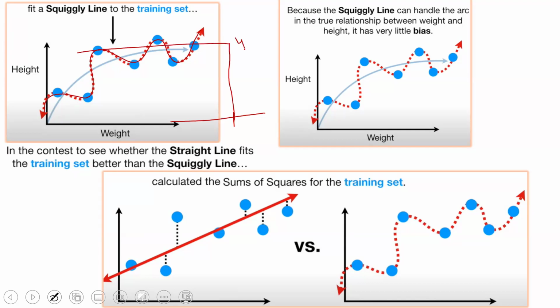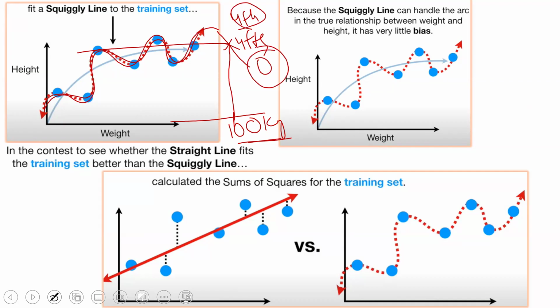It is giving 4 feet only. For a person with 100 kgs weight, this particular curve, the third algorithm curve, which is capturing the true relation between the data, gives you the exact height, which is 4 feet. So in this case, the bias is 0 because it captured the true relation between the height and weight.